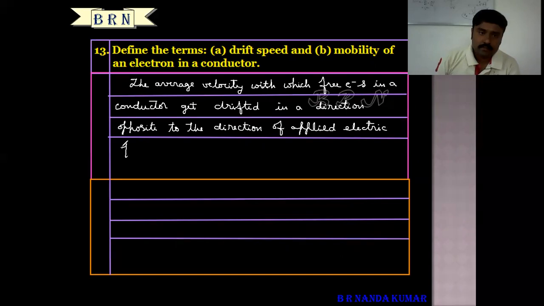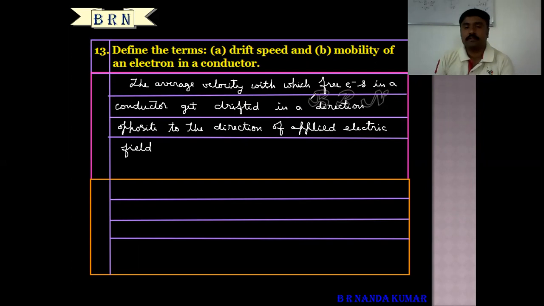So this is the definition of drift velocity: average velocity with which free electrons in a conductor get drifted in a direction opposite to the direction of applied electric field. So that is called the drift velocity.